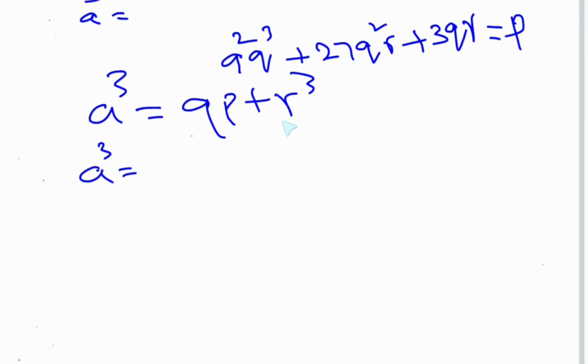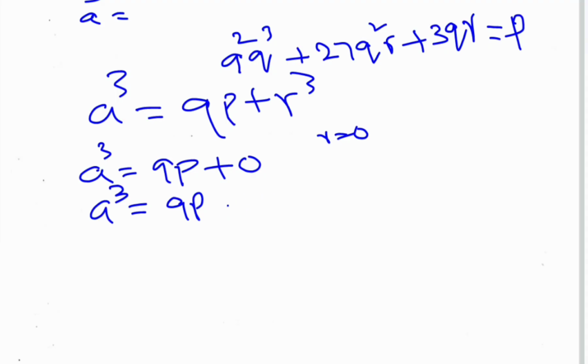We substitute the r values here: 9p plus 0 if r equal to 0, and that is 9p. a cube is equal to 9p. This is number 1.